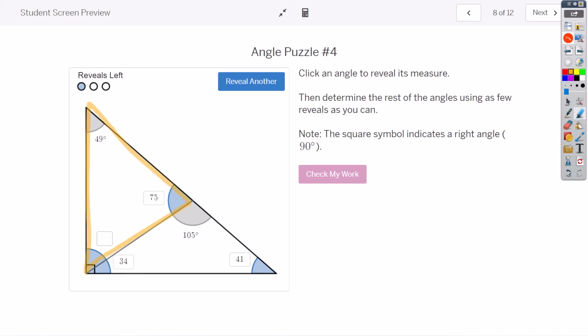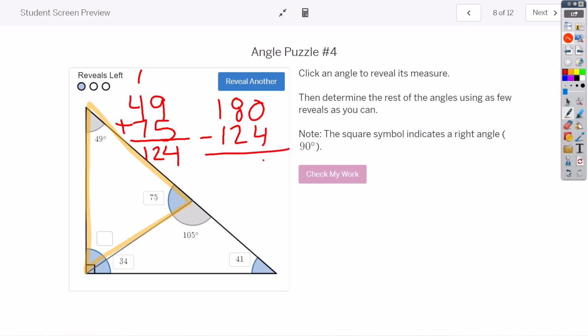Let's go back to this triangle and use that same skill one more time. I'm going to add 49 and 75, and then subtract that value from 180. There's 180 degrees in a triangle. That leaves me with 56 degrees.